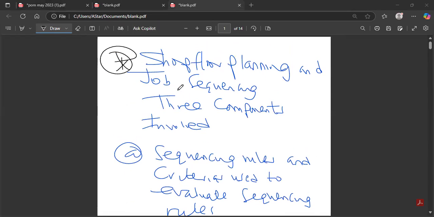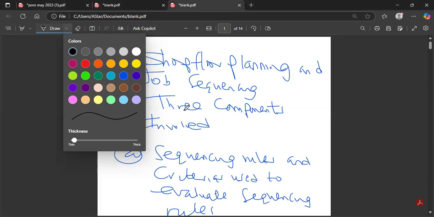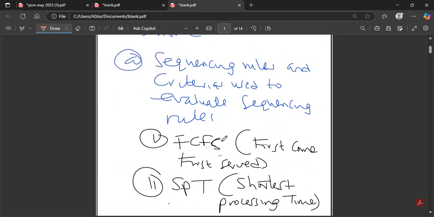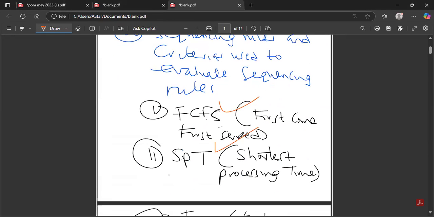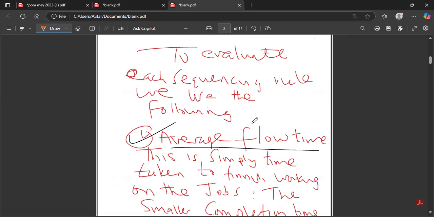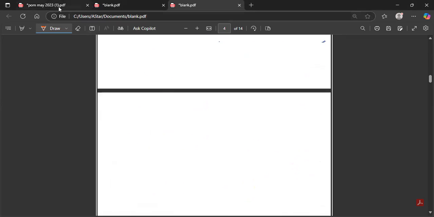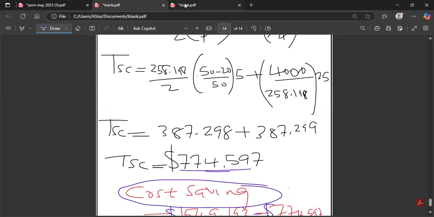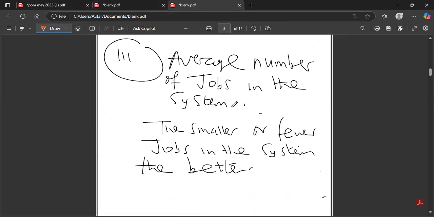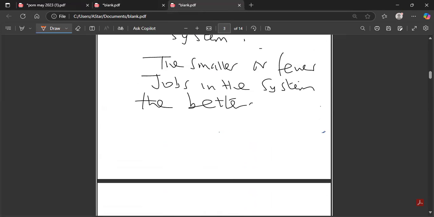The first part is sequencing rules, and the criteria used to evaluate them: first come first served, shortest processing time, earliest due date, critical ratio, and the criteria used to evaluate the sequencing rules. Then getting down to the other one. Madam Malulu, are you there?